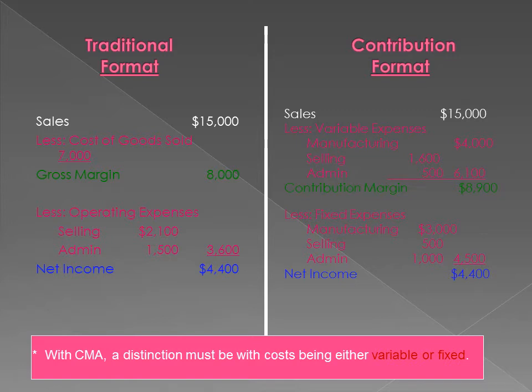Now, there's no right or wrong answer on how you present this information. It just depends on what you're trying to see. A contribution margin statement gives you a more detailed breakdown of expenses and income, so you'll understand exactly what variables go into those numbers.